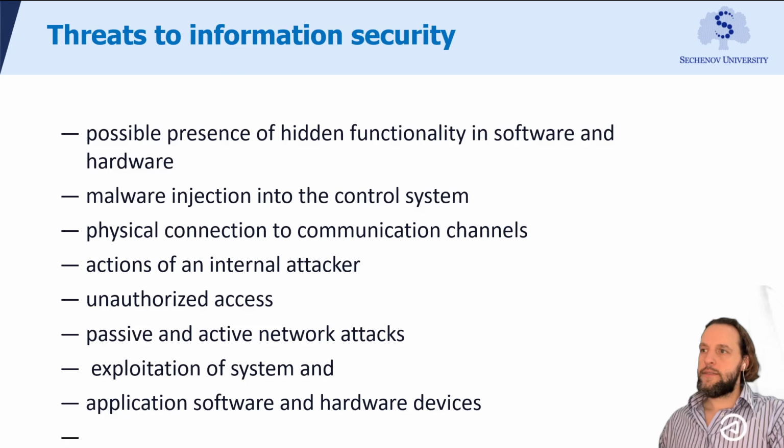Unauthorized access is related to some person getting access to an area of the system or website which shouldn't be allowed for everyone. Passive and active network attacks, exploitation of systems and application of hardware devices.